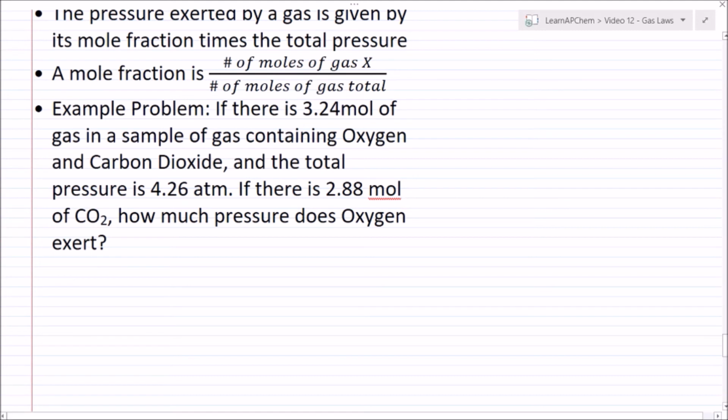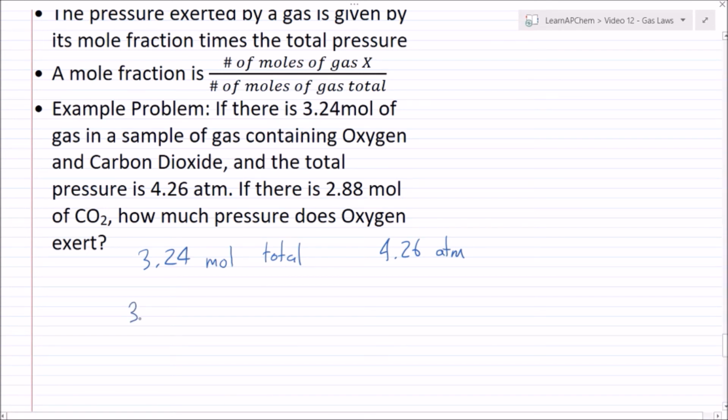Okay, so in this example, we're given that there's 3.24 moles of gas total, and our total pressure is 4.26 atm. So if I want the pressure of oxygen, I first need to find the amount of moles of oxygen, because I need to find my mole fraction.